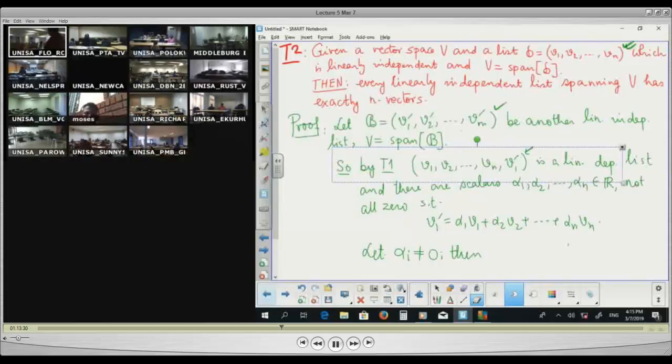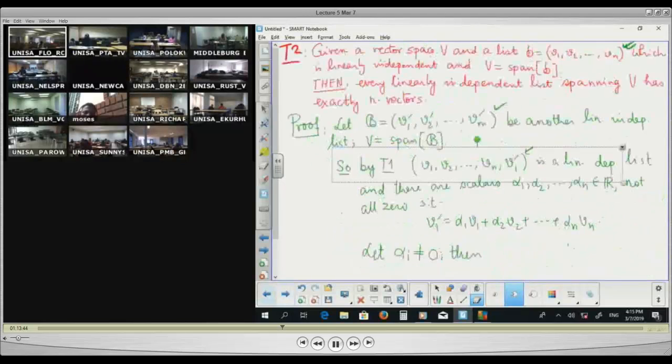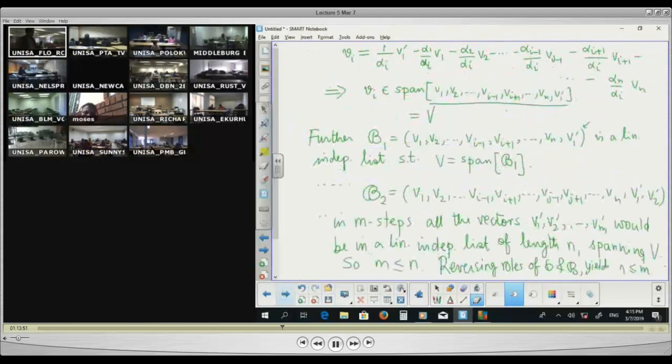So that completes this proof. That tells exactly what I wanted to show, that any linearly independent list which spans V has the same number of elements. Okay? So that's where we come now.